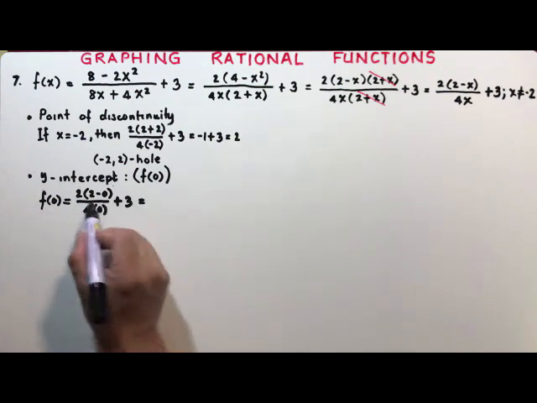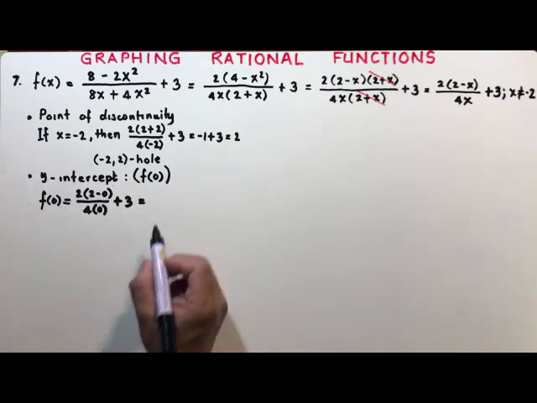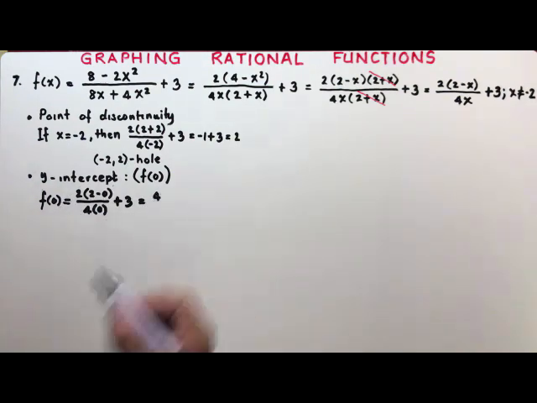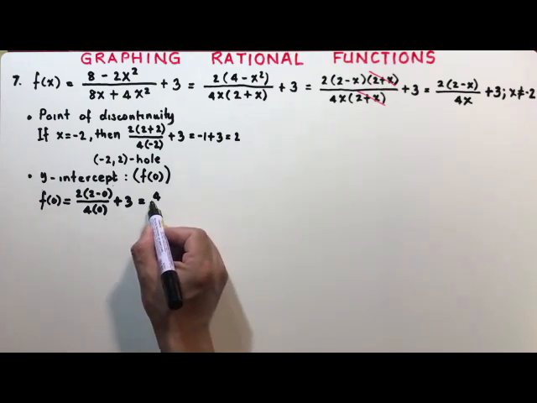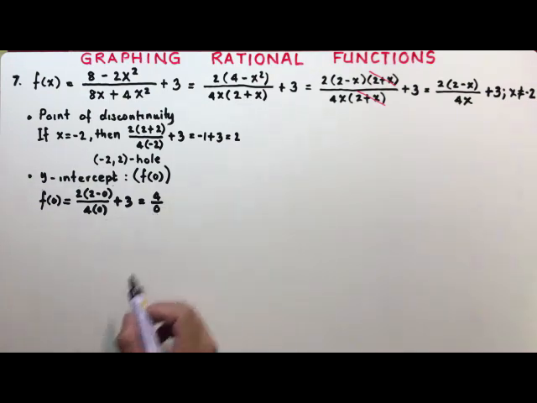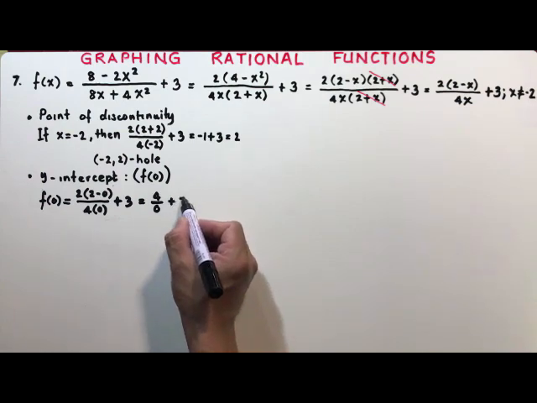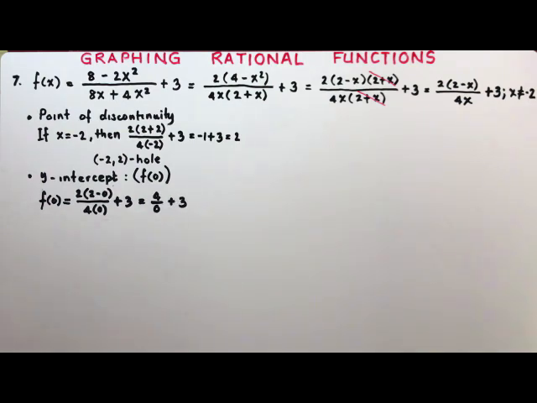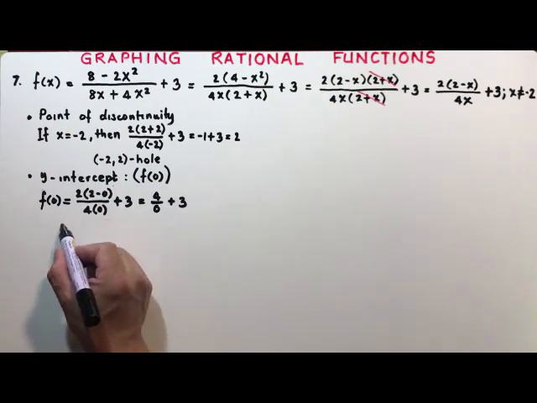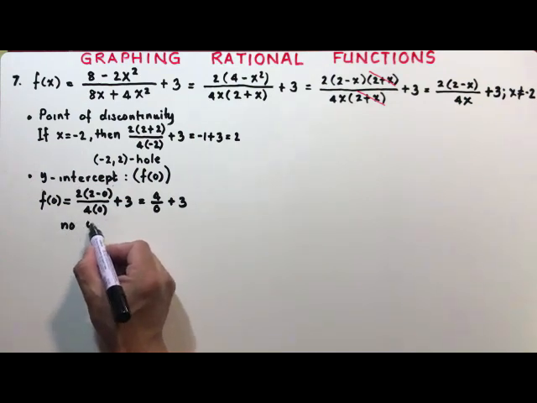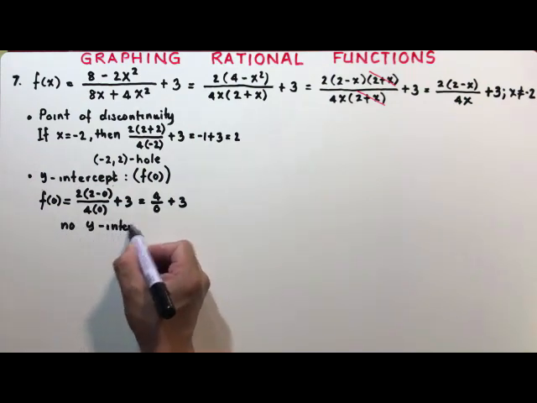But 2 minus 0 is 2, and 2 times 2 equals 4, and 4 will be divided by 0, which is not possible in mathematics. So therefore, we don't have a y-intercept. So here we'll write no y-intercept.